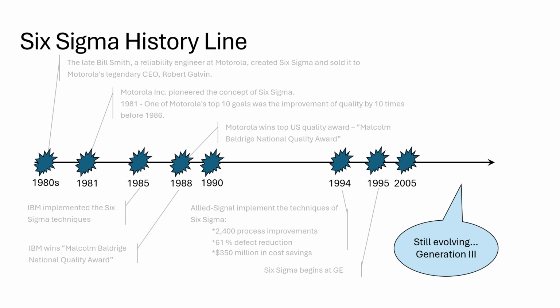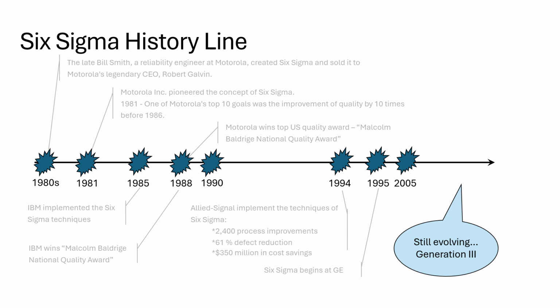So take a moment to look at the Six Sigma history. It started with the late Bill Smith, a reliability engineer at Motorola, who created Six Sigma and sold it to Motorola's legendary CEO, Robert Galvin. Let's review what happened in 1981. Motorola pioneered the concept of Six Sigma. In 1981, one of Motorola's top 10 goals was the improvement of quality by 10 times before 1986.